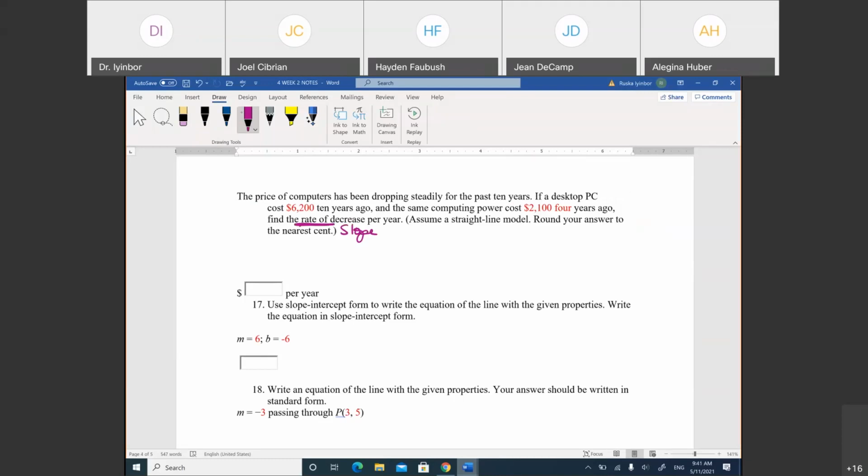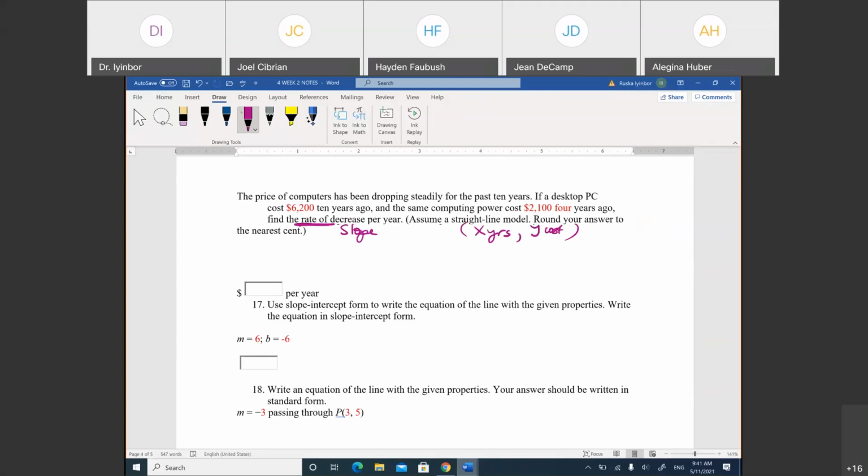So here we have coordinates of 2 points. You have x represented in years and y represented with the value of the computer, the cost, which is a dollar amount, yes? So we're going to have 2 points given here.